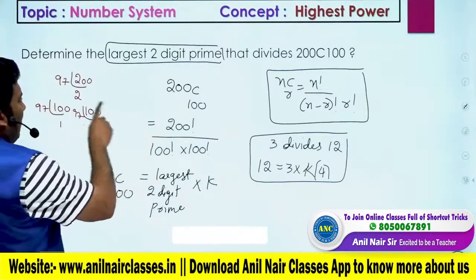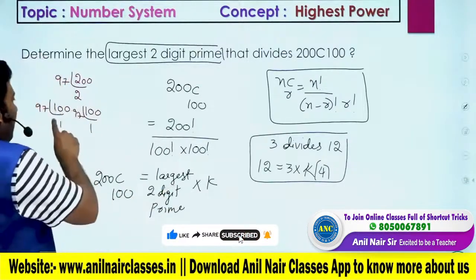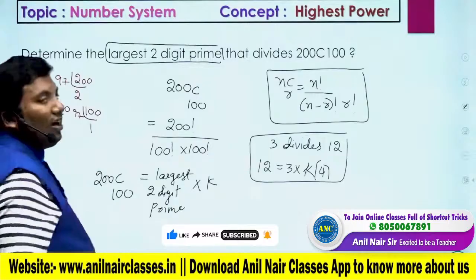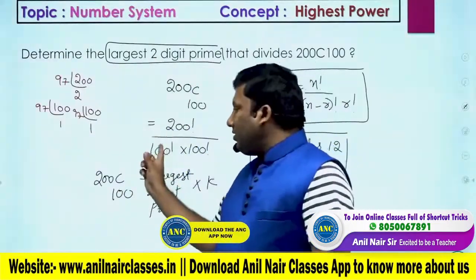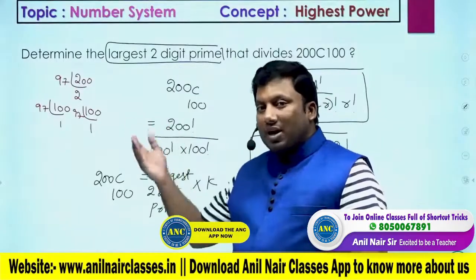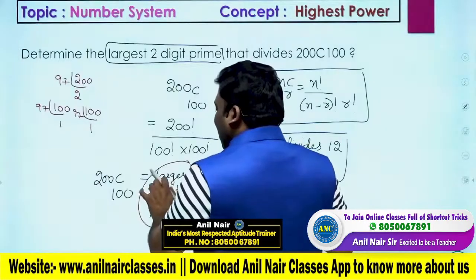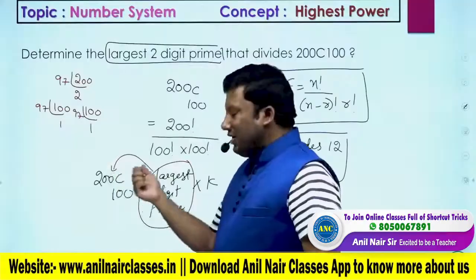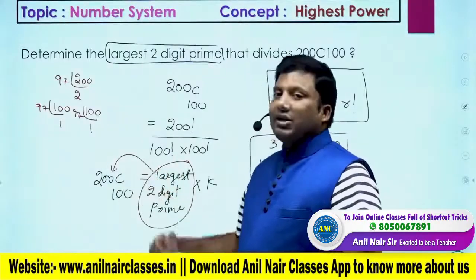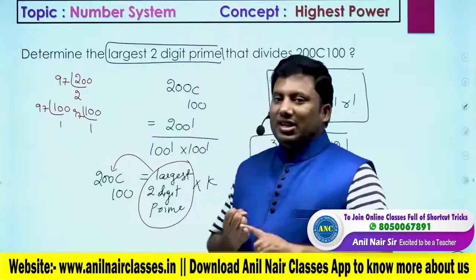So this can be written as 97 square divided by 97 power 1 and 97 power 1. They will be cancelled, but I should get the number here. Why? Because this is dividing this number, so it will be a factor of the number. So I cannot take 97.